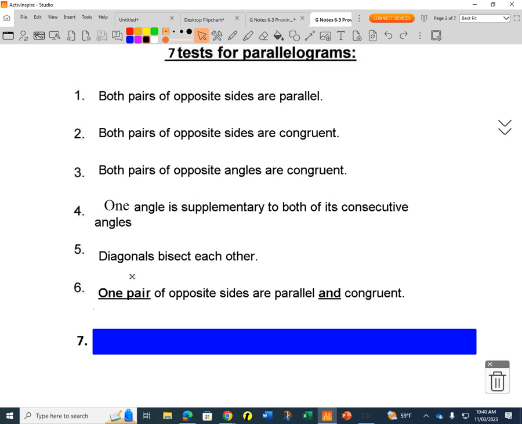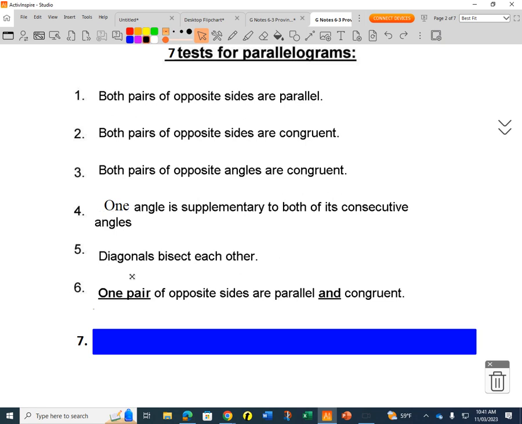But this one, number 6, one pair of opposite sides are parallel and congruent. So knowing that one pair of opposite sides are parallel does not tell us that that quadrilateral is a parallelogram. Knowing that one pair of opposite sides are congruent does not tell us that that quadrilateral is a parallelogram. Normally, if you look at number 1 and number 3, it says both pairs are parallel or both pairs are congruent.